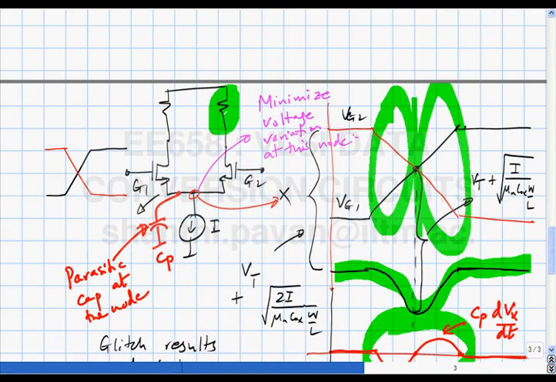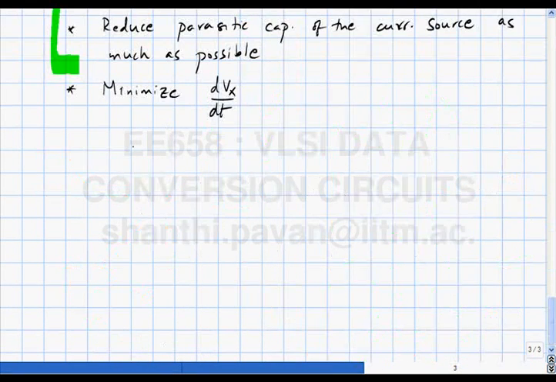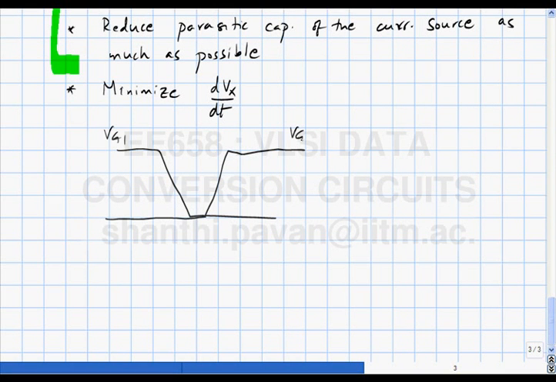There's one distinctly bad way of doing this. What do you think if we did this? Somehow things were bad in the design and the complement came much later. So this is VG1, this is VG2. During this period, what happens? If both these voltages become low, then both those transistors are tending to go off.